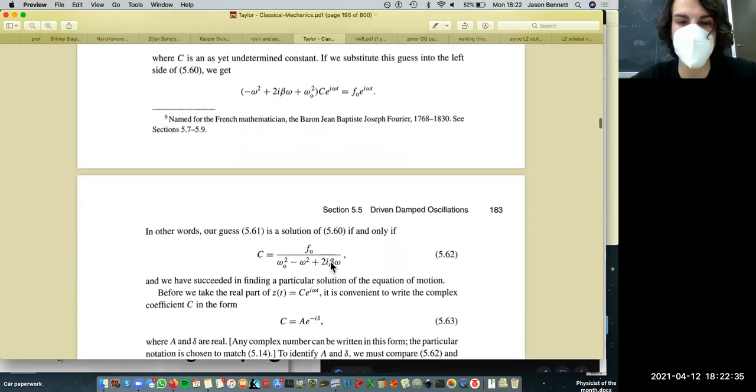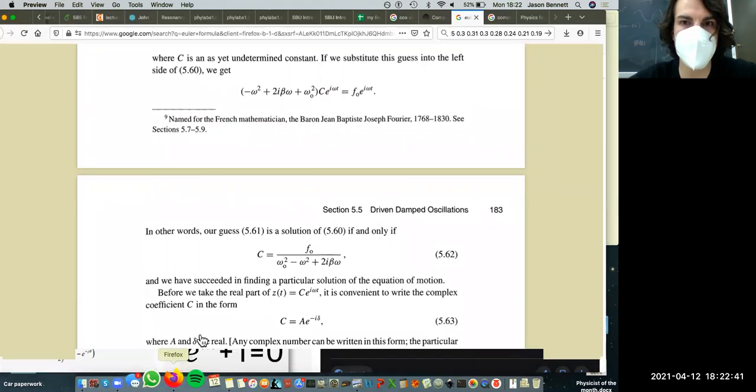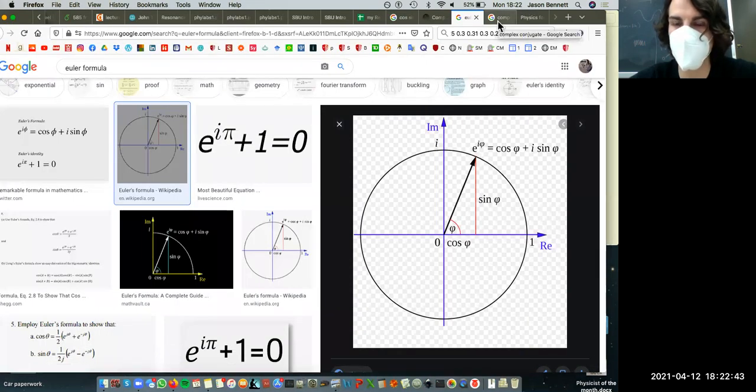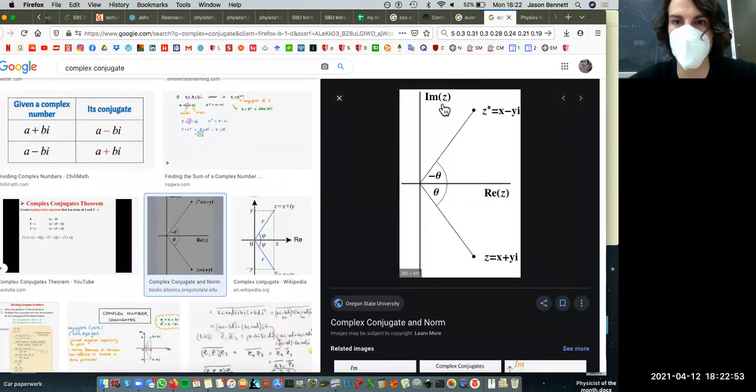And now that we have this, we're going to introduce one more part about complex numbers, which is that you can look at any particular complex number in a plane. So, for instance, you have a real coordinate and an imaginary coordinate, and you can characterize them by phases.